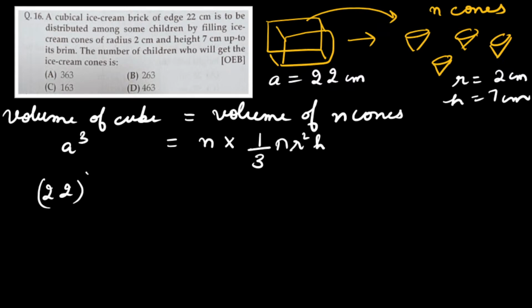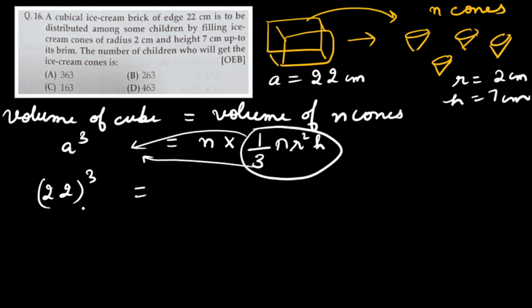So 22 cube is equal to, see, other than n we have to shift everything to the other side. First of all, when we shift 3, it will get multiplied. This 22 cube I'll write as 22 into 22 into 22.